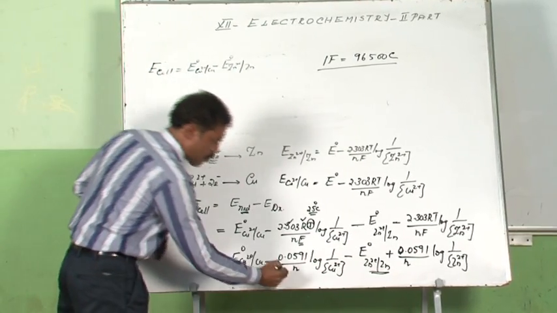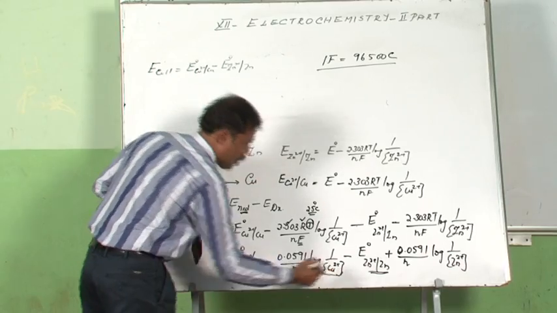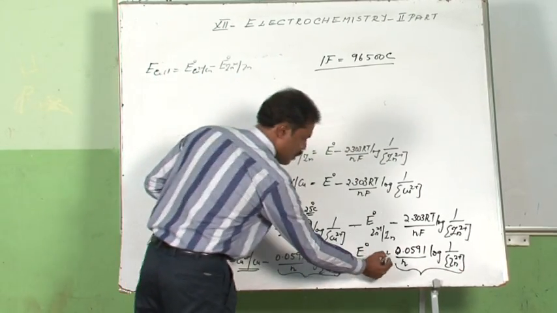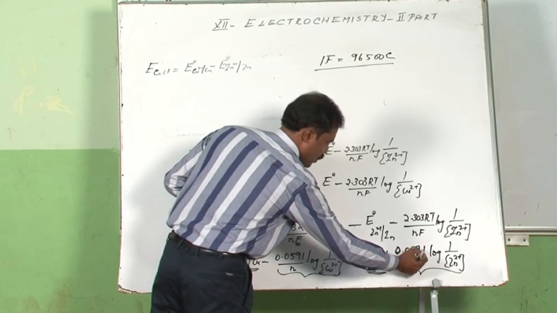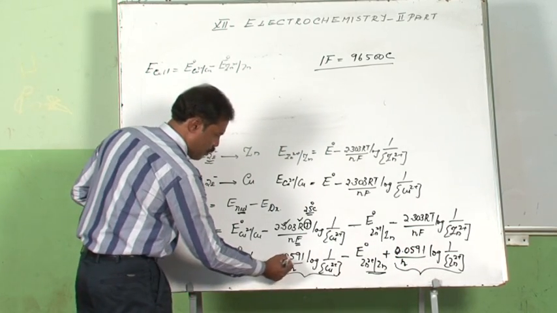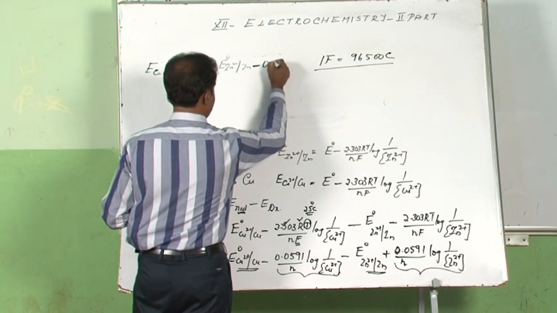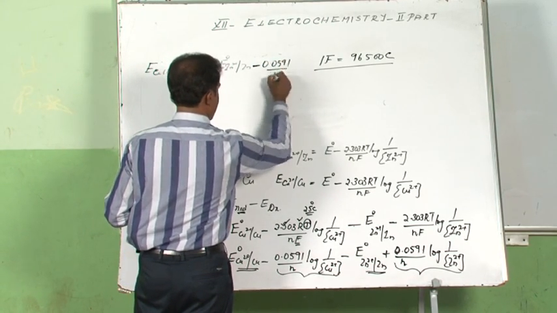Now we have this part and this part. As you can see, this is plus 0.0591 by n, and this is minus 0.0591 by n. Suppose I write minus 0.0591 by n.